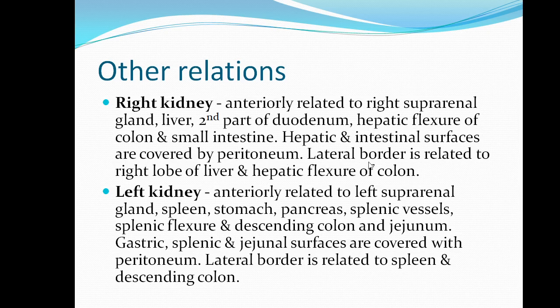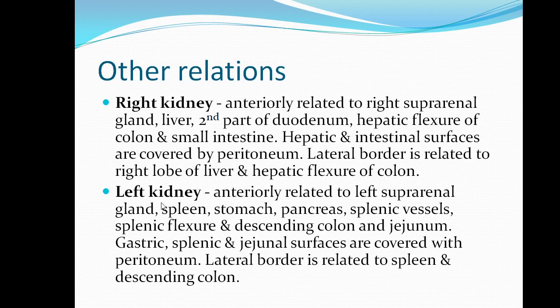The lateral border is related to the right lobe of the liver and hepatic flexure of the colon. So here you must appreciate the kidney is retroperitoneal and anteriorly the hepatic and intestinal surfaces are covered with the peritoneum, while the posterior surfaces are not covered by peritoneum.